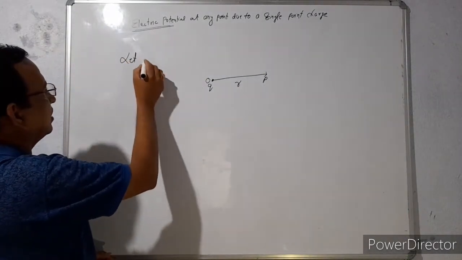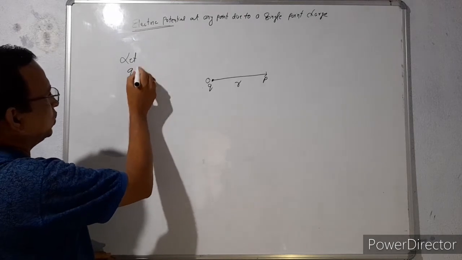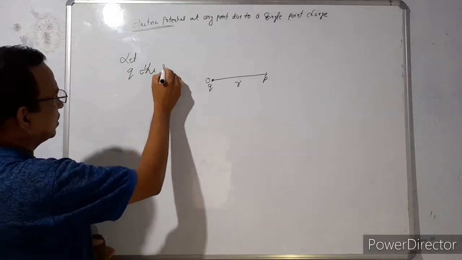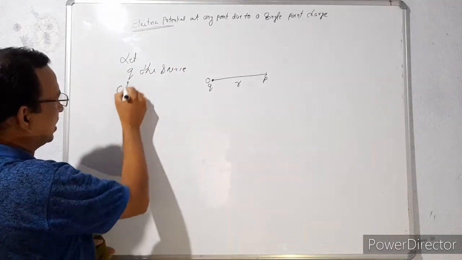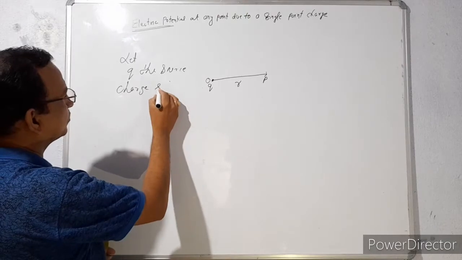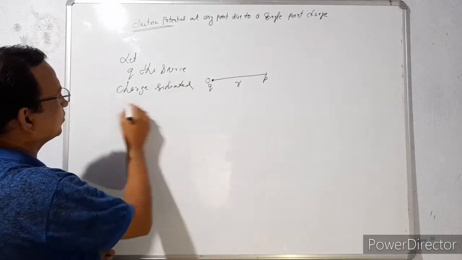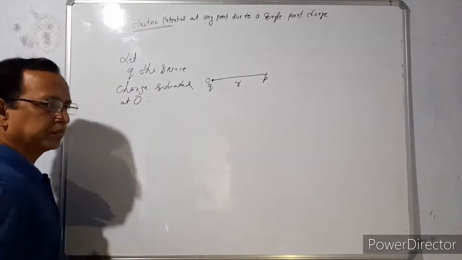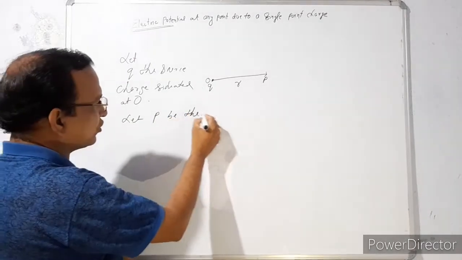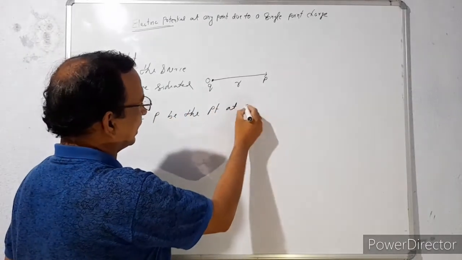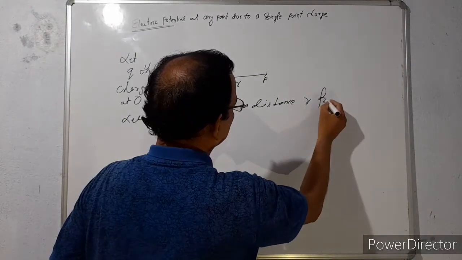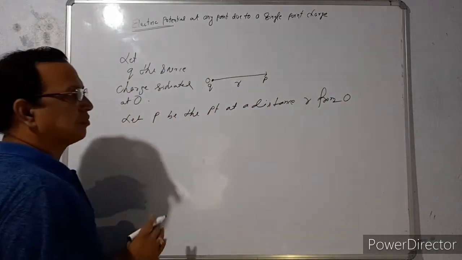So let Q, the source charge, be situated at O. Let P be the point at a distance R from O. Clear?